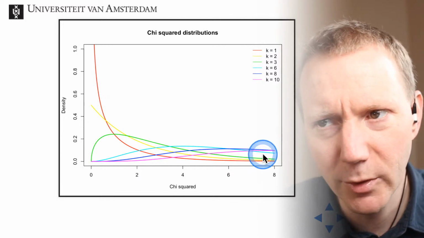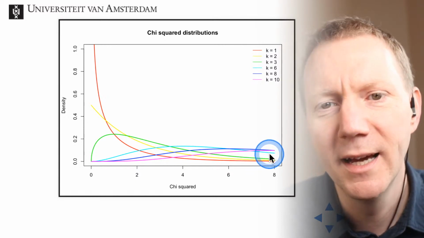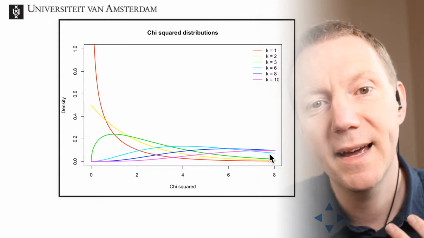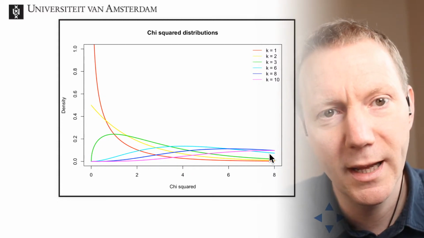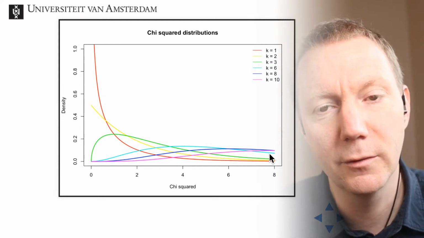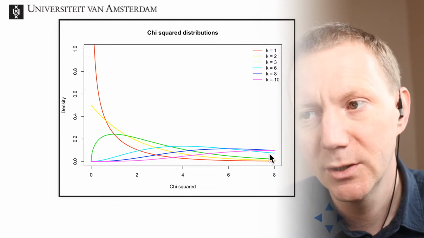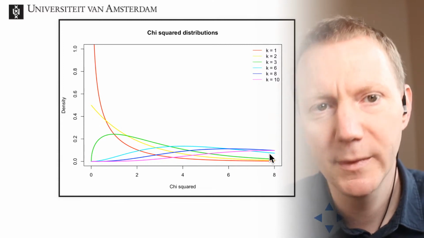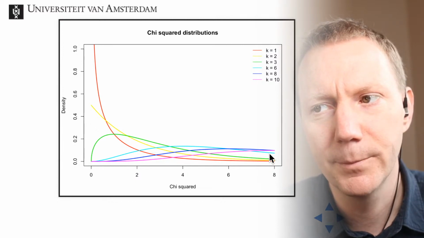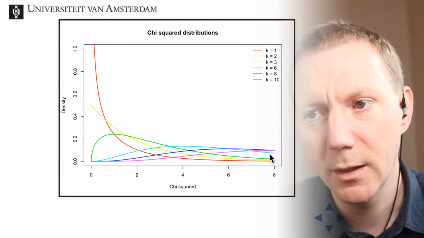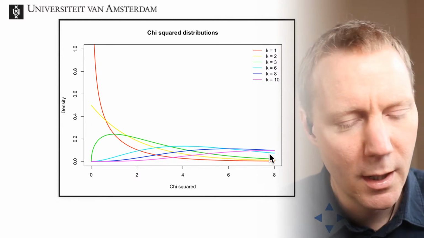But the most important part, where you're absolutely right, is that this is assuming that there is no relation between the two categorical variables. So, assuming the null to be true, this is the shape of the probability distribution.